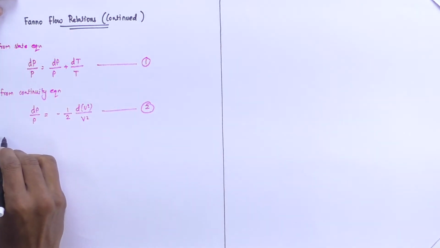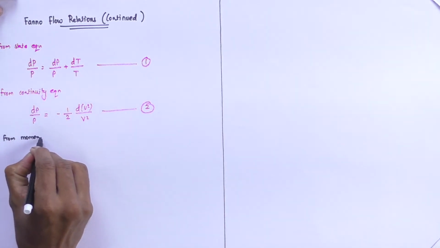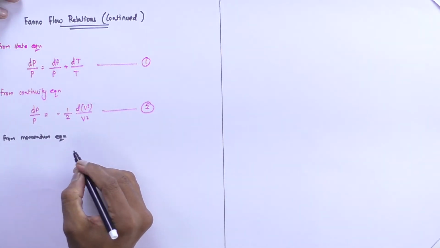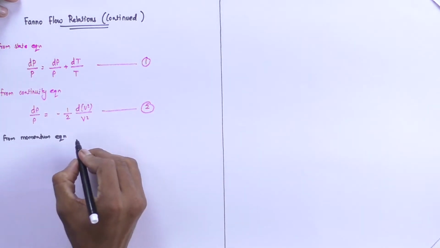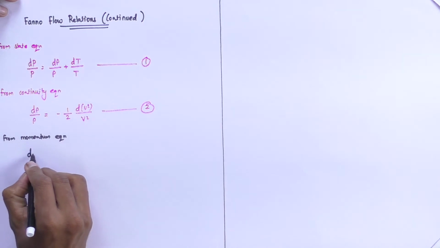So, from that relation, then from the momentum equation, we have a relation between pressure, Mach number, velocity, pipe wall friction and element length dx.